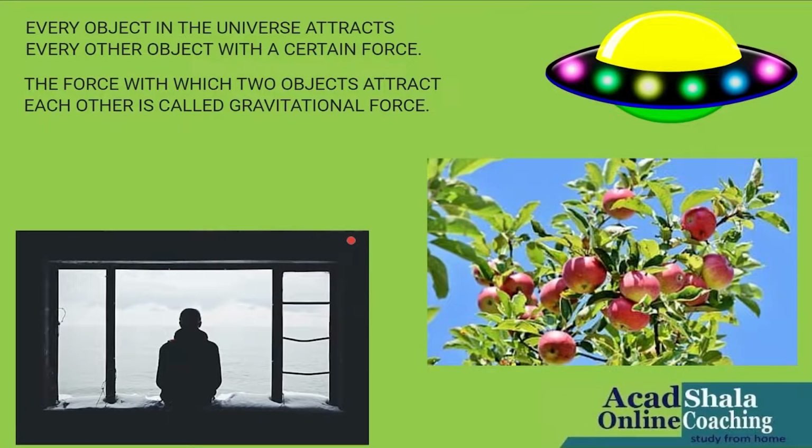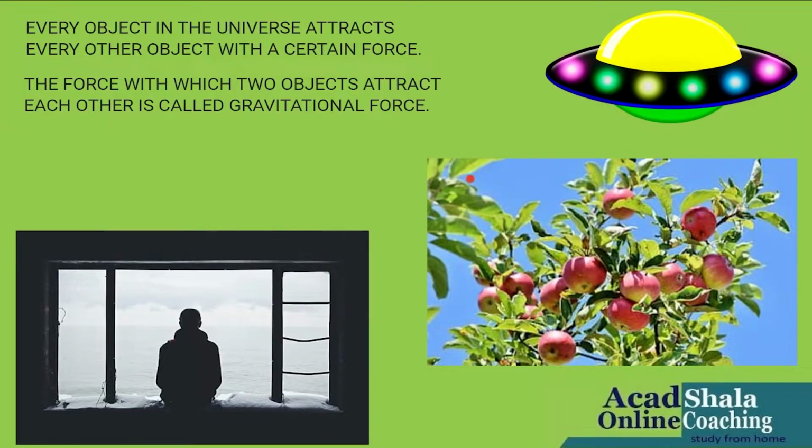It is seen that a falling apple is attracted towards the earth. We do not see the earth moving towards an apple. Why? We also know that in our solar system, all the planets go around the sun. We can say that there exists a force between the sun and the planets.